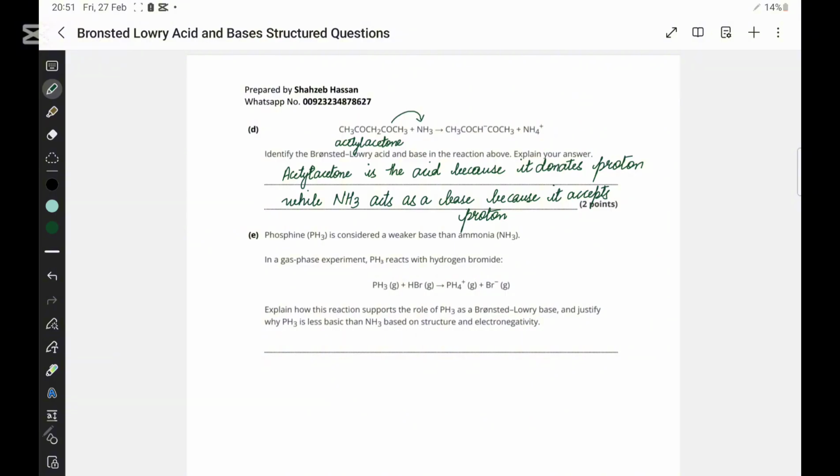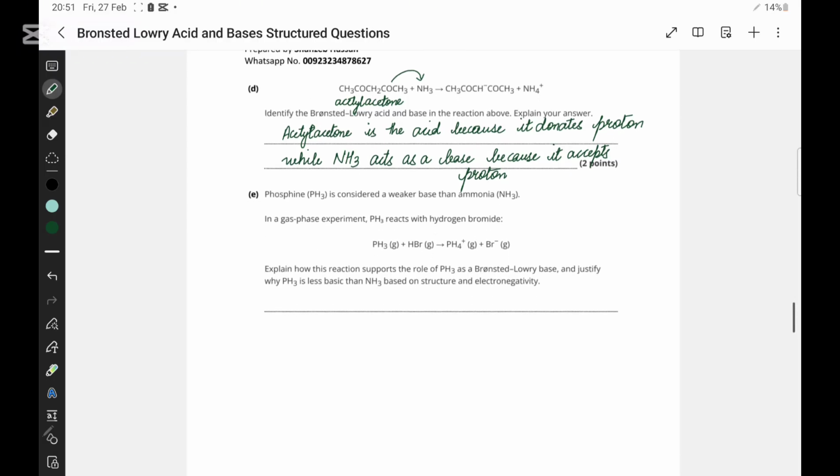In this question, phosphine is considered as a weaker base than ammonia. Explain how this reaction supports the role of PH3 as a Bronsted Lowry base.